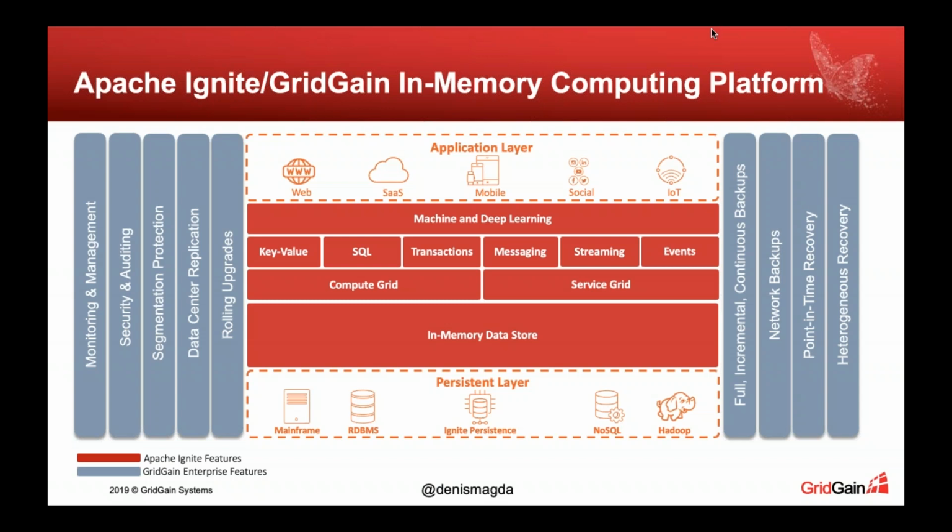It doesn't matter if you have 2 machines, 3, 5, 10 or hundreds, all the RAM space available across the cluster of machines can be seen by your applications as one database, as one cluster. When it comes to the persistence layer, again, Ignite comes with its own persistence, but that's not the topic of our today's presentation.